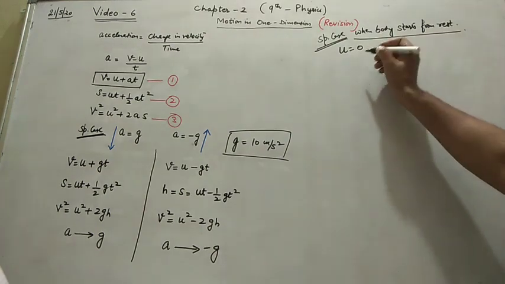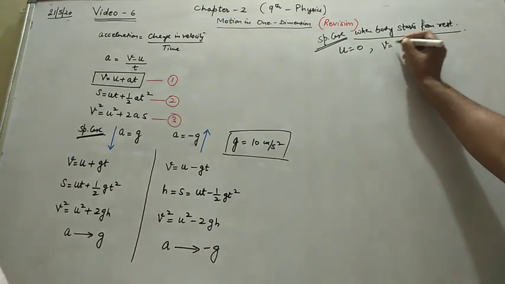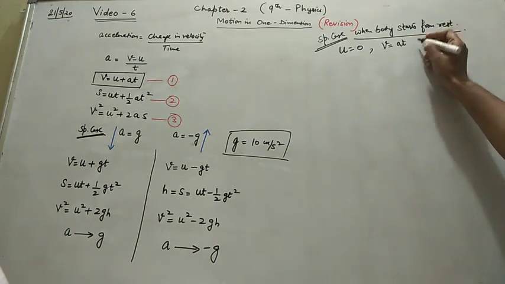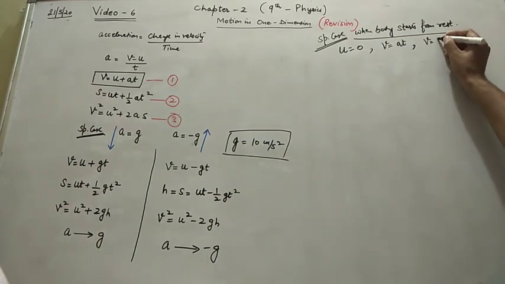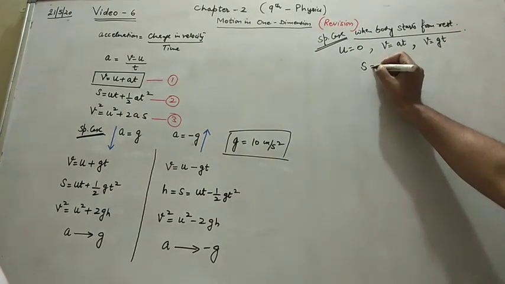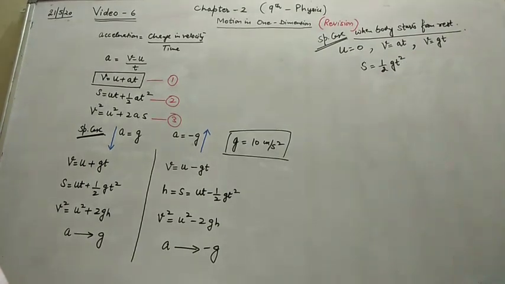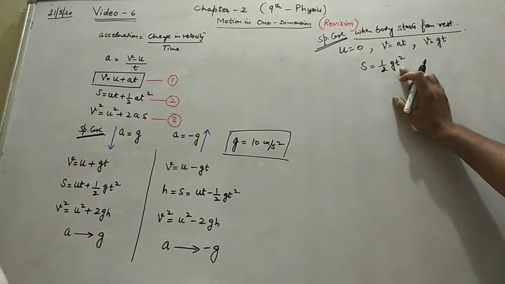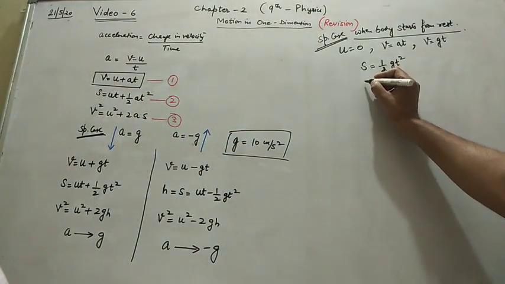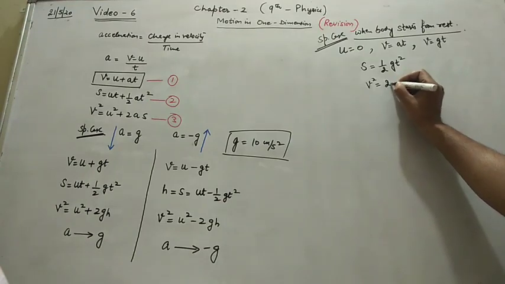If u is 0, then these three equations will be v is equal to at, and a you can replace with g. The second equation will become s is equal to half gt square, because again u is 0, and the third is v square is equal to 2gh.